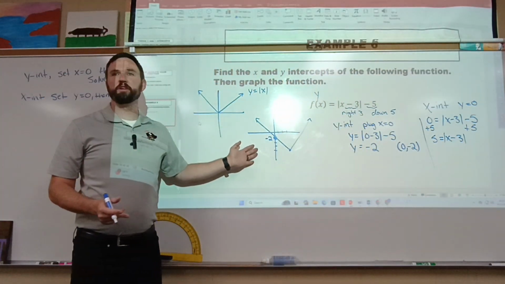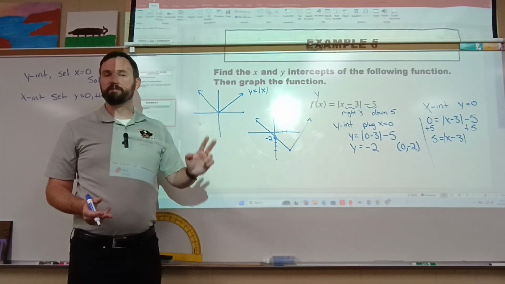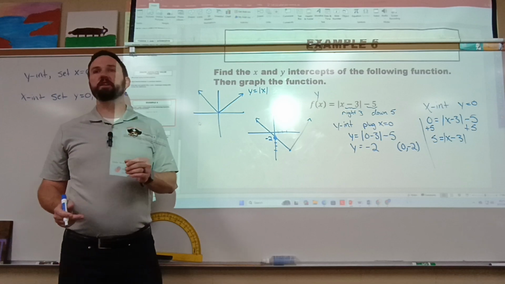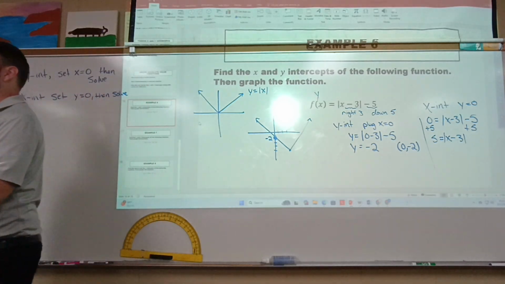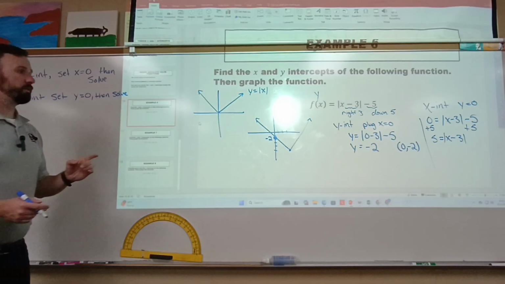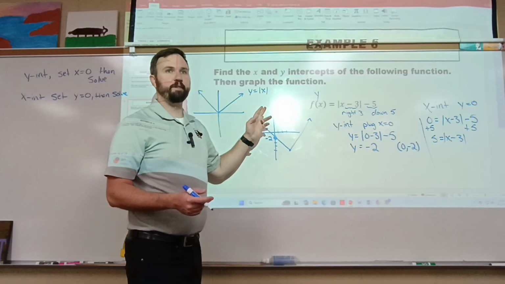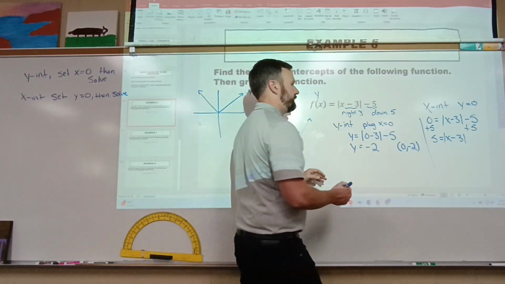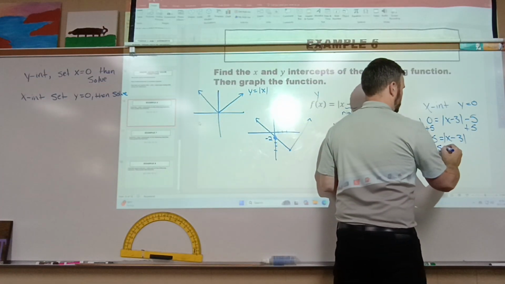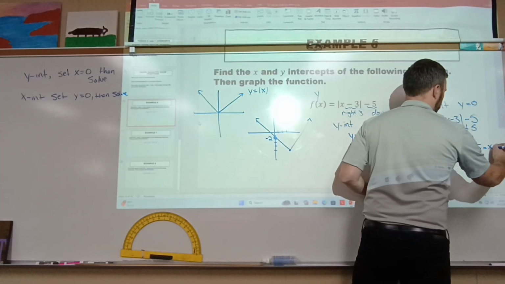How many x-intercepts are we going to have on this when you just look at it? How many do you think it's going to cross? 2. So for absolute value, you can either have 2, 1, or none. The original one had 1. This one's going to have 2. If I move it up, it's not going to hit anything. So negative 5 equals x minus 3, and 5 equals x minus 3.